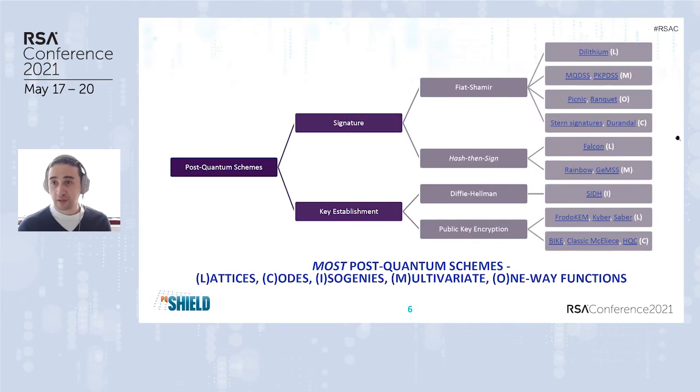And the good news is that if you look at post-quantum cryptography, even though there are much more schemes and the landscape can seem very complicated, if not confusing at times, almost all post-quantum schemes can also be casted in one of these four families.